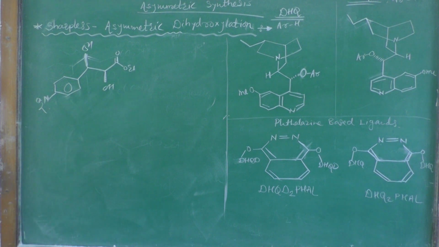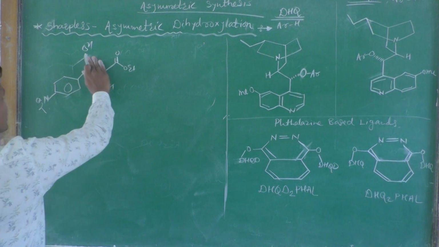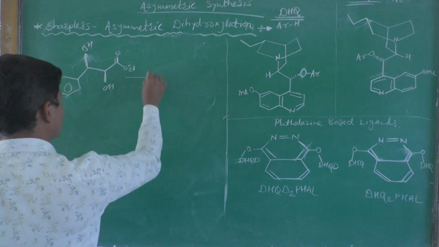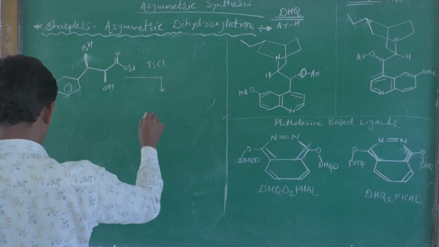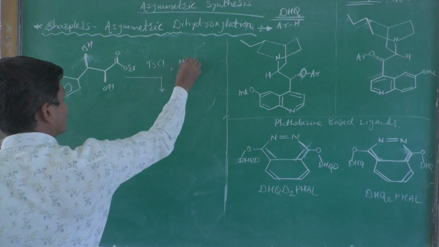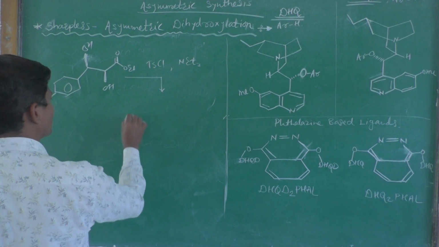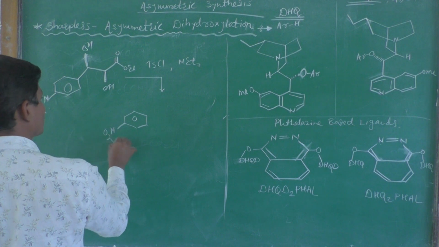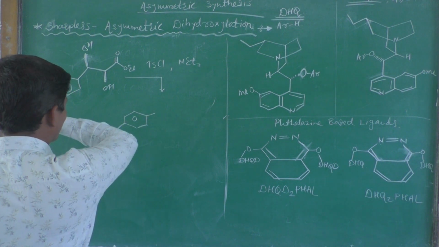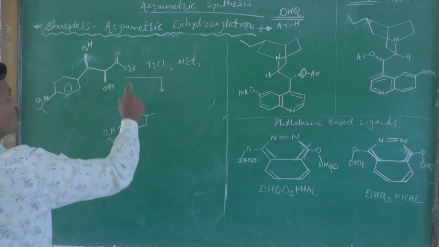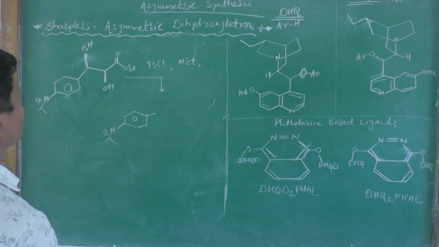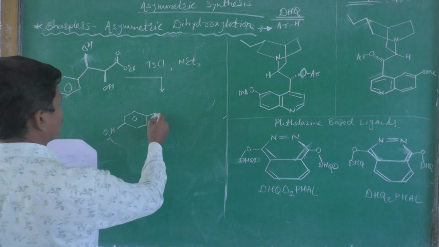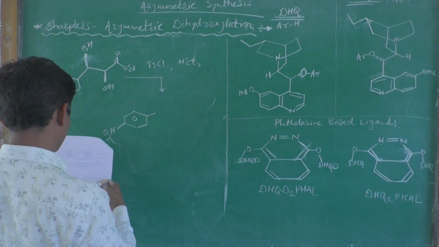This product we are getting in the previous reaction. Then what they have done here is tosylation, with tosyl chloride and triethylamine, NEt3. So tosylation of the hydroxy group takes place, and the HCl will be neutralized by the triethylamine.